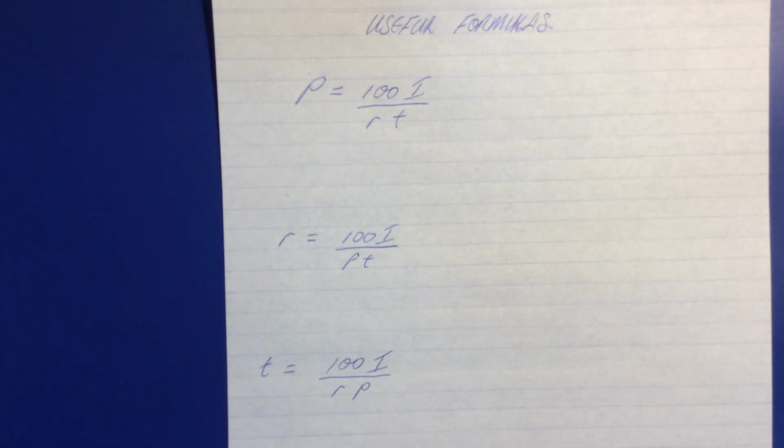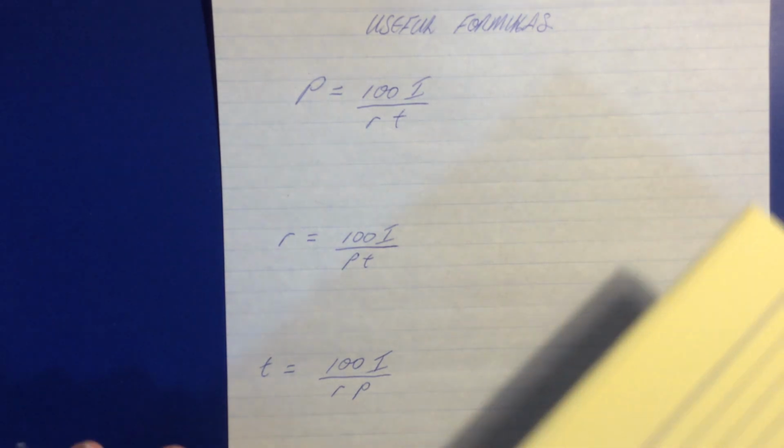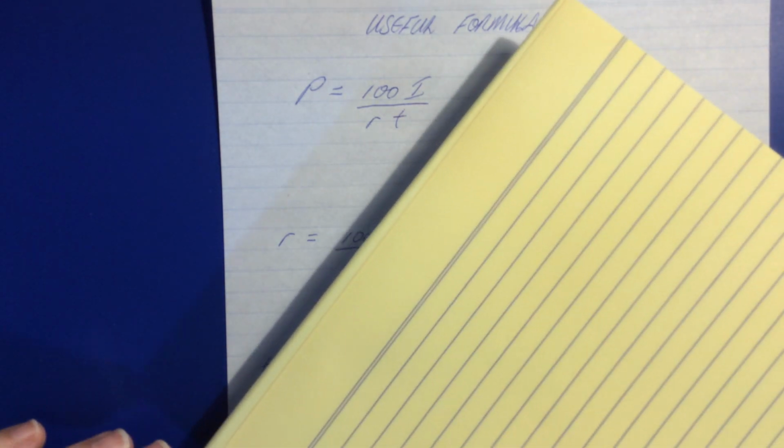Okay, so let's get the yellow pad and get to work. Okay, so we'll figure out what our principal was. Let's do that. So P is equal to 100 times I over the rate times the time. Okay.